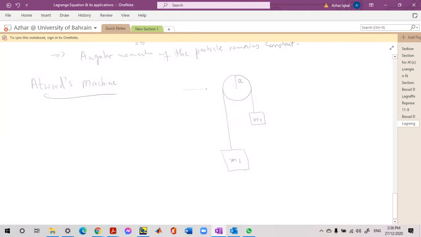Let's consider this to be the horizontal axis, and the distance of this mass from this axis is x1.